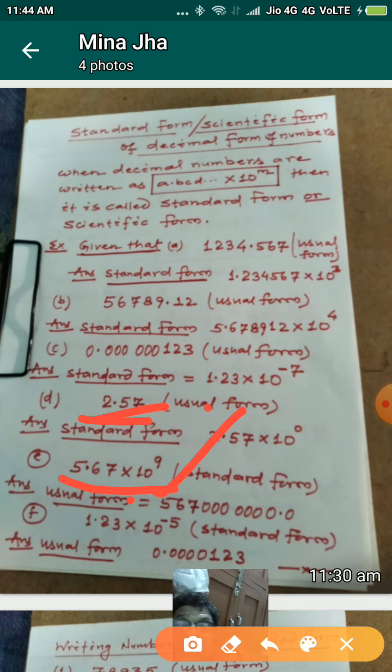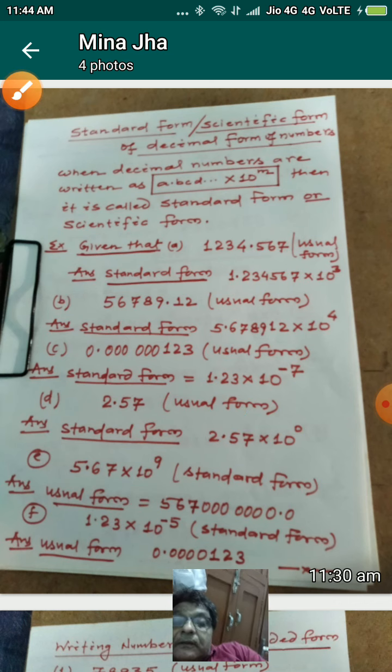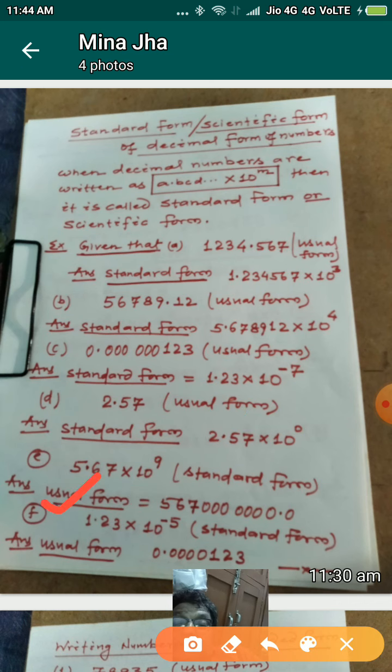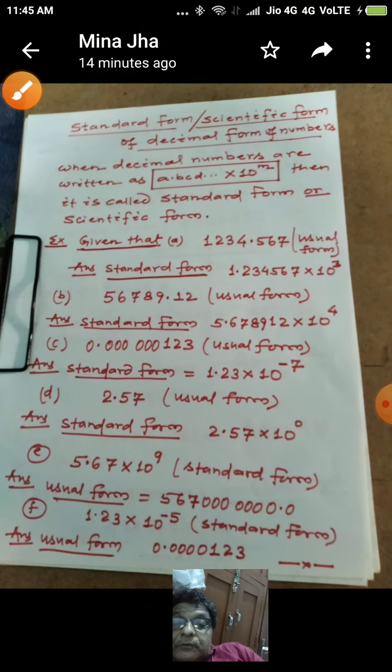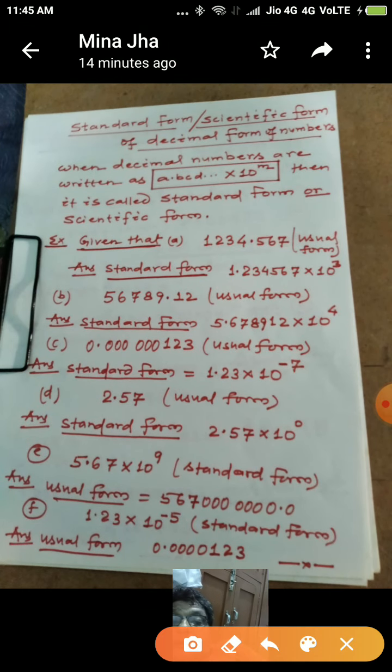Now the instruction is to write the given number in usual form. In usual form there is no part like 10 to the power something, so it will be removed. When this is removed, you see the power given, it is 9. It is positive 9, so plus 9 power is there. And for plus, we move to the right side.